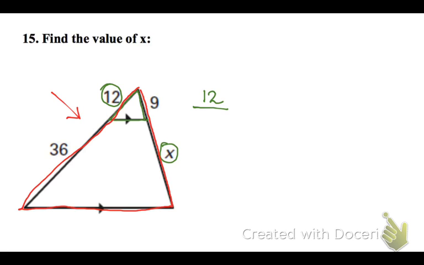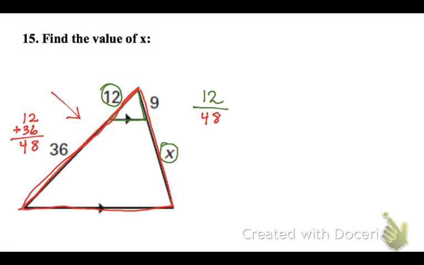Now we need to compare that little triangle side to the whole big triangle side, which is this whole thing. So the whole length is 12 plus 36. 6 plus 2 is 8. 3 plus 1 is 4. So we have to compare 12 to 48.